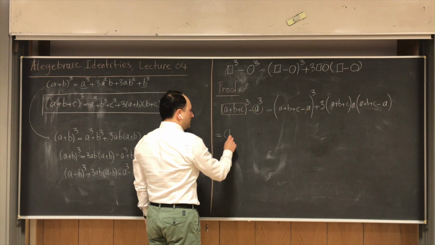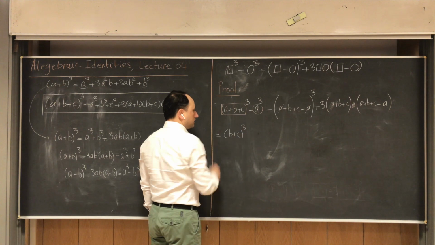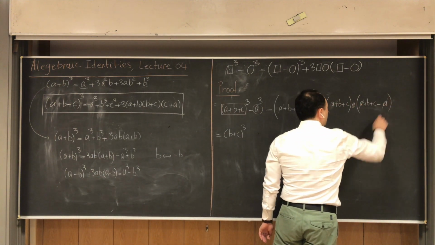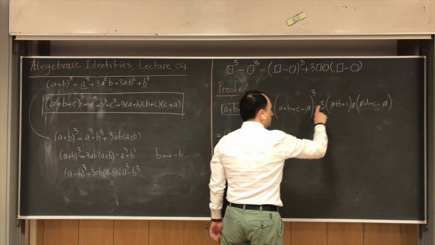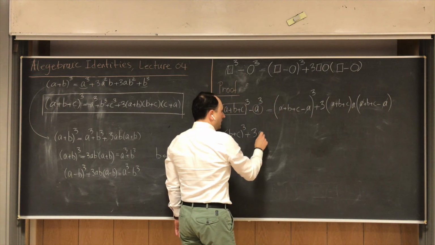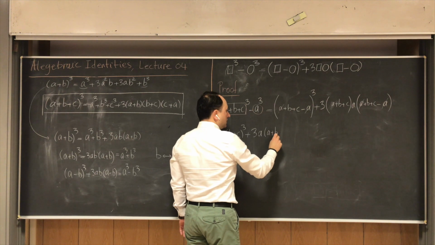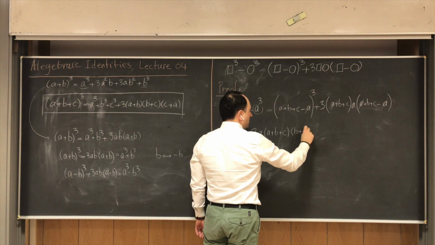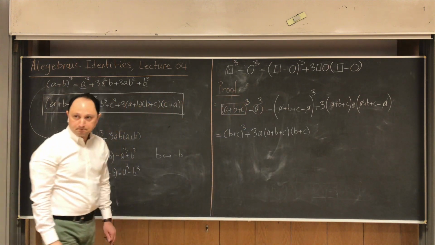So I will get (b plus c) to the 3. And then here, this a and that a are cancelled. This a, I can write it next to 3. So it is 3a times (a plus b plus c) times (b plus c).